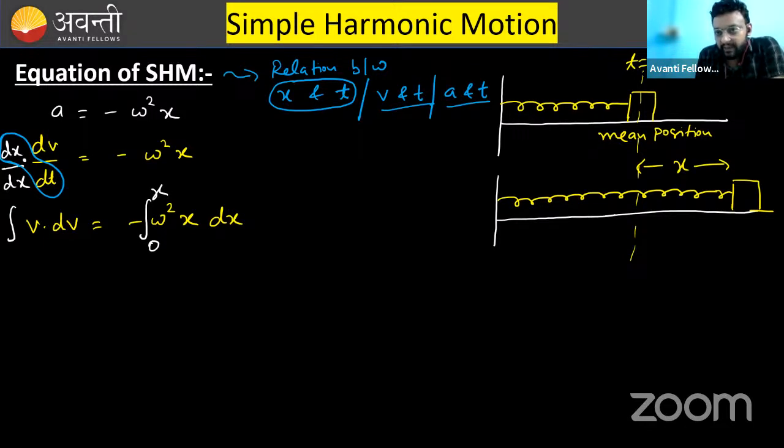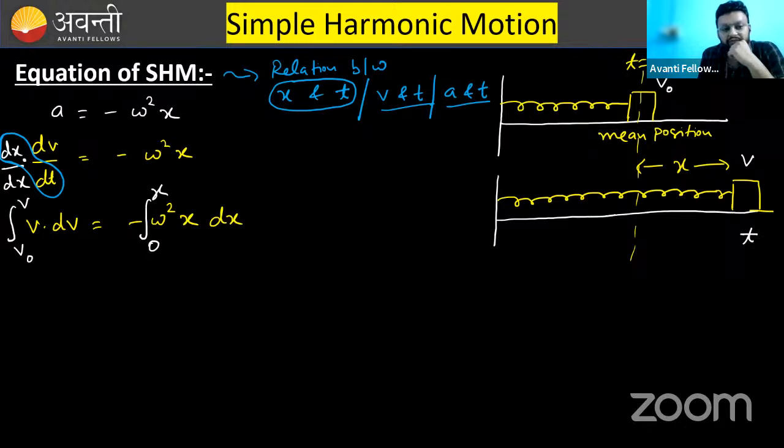I am considering that at the mean position its velocity is v naught, and at this position its velocity is v at time t. So velocity is changing from v naught to v.